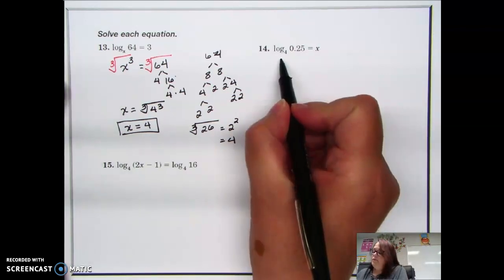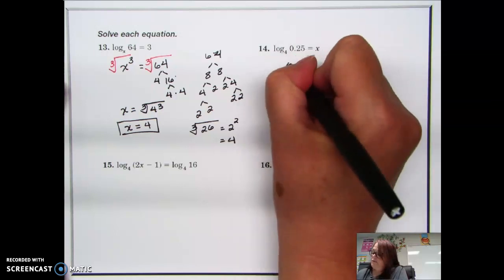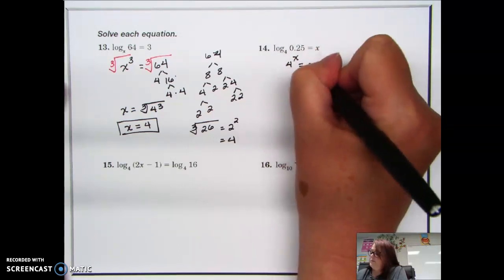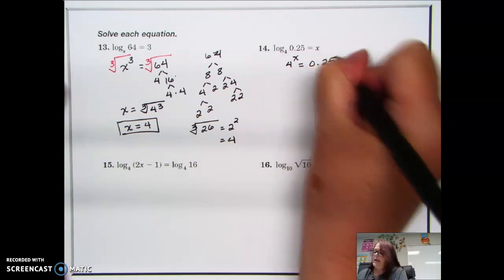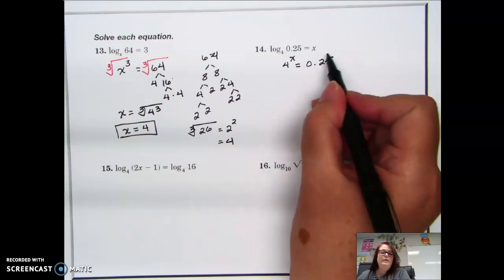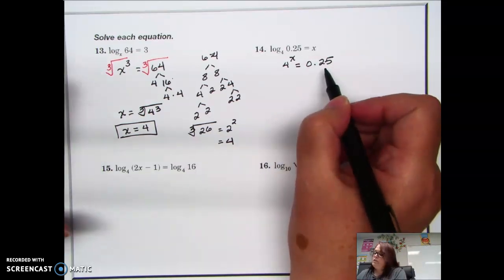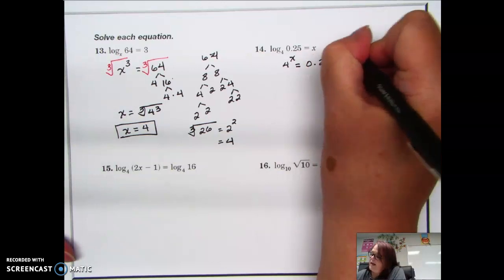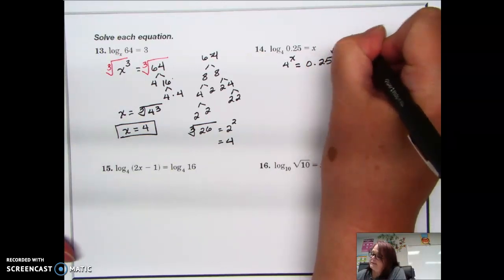So if we take a look at number 14, again, this is similar to the previous problems. We're going to say 4 to what power gives me 0.25. And again, I want these to have the same base if I want to be able to solve this. And the way that it's written, we're not going to get that. So what I want to think of is this 5 is in the 100ths place.